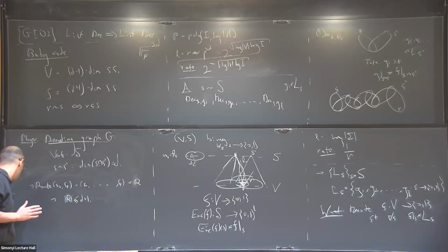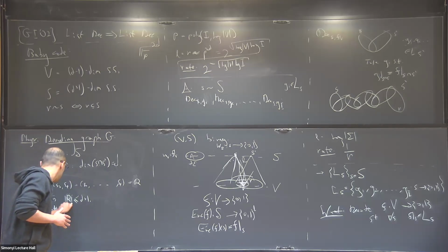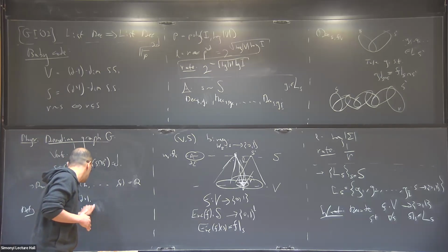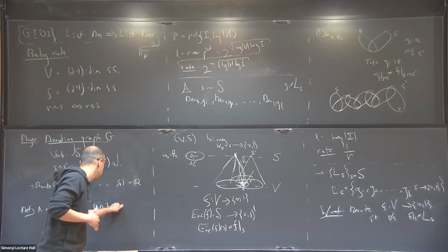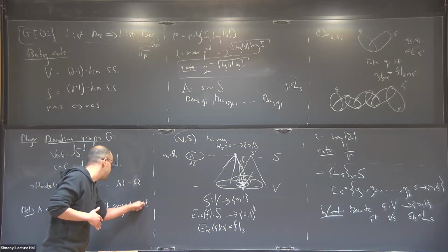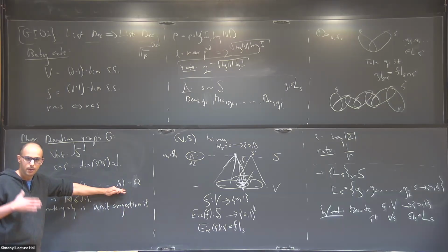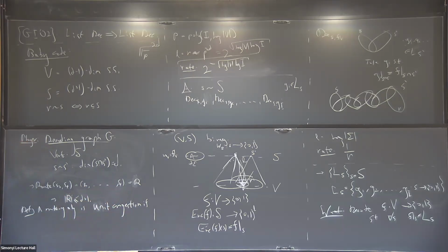So I will say a routing scheme or a routing algorithm like this is called unit congestion if the edges that I get in this routing scheme are basically distributed uniformly at random.